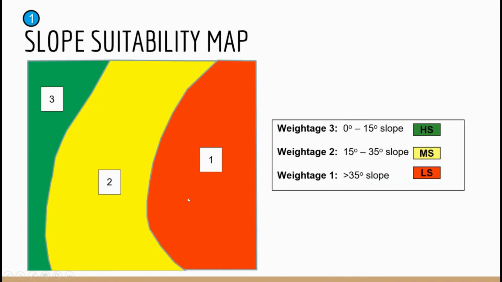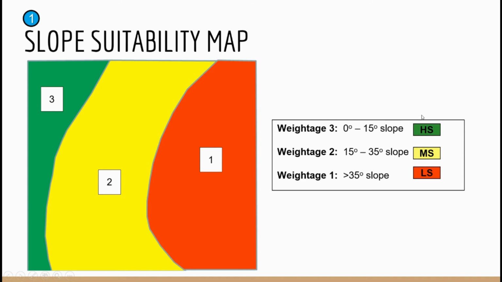Next, kita pergi one by one. Kita tengok macam mana slope suitability map tadi. Kita katakan weightage 3 tadi yang high suitability. Okay, hijau lah high suitability dengan weightage 3 yang mana parameters adalah antara 0 degree hingga 15 degree slope.